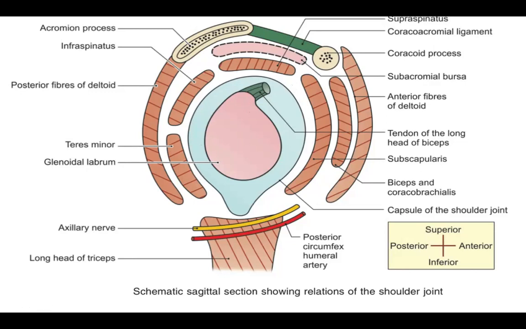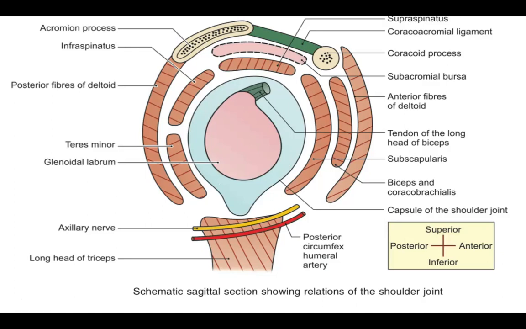The first letter of each represents a muscle. The first S is supraspinatus, the I is infraspinatus, the T is teres minor, and the other S is subscapularis. These four muscles represent the rotator cuff muscles. They surround the shoulder joint, adding strength for it.